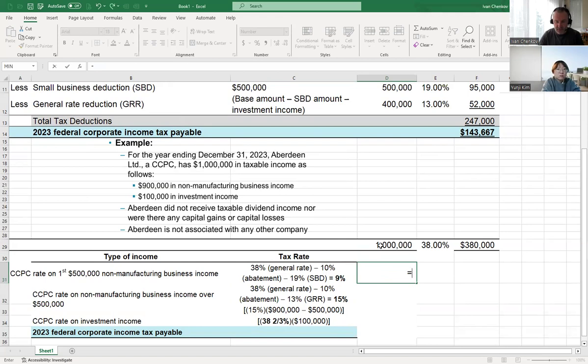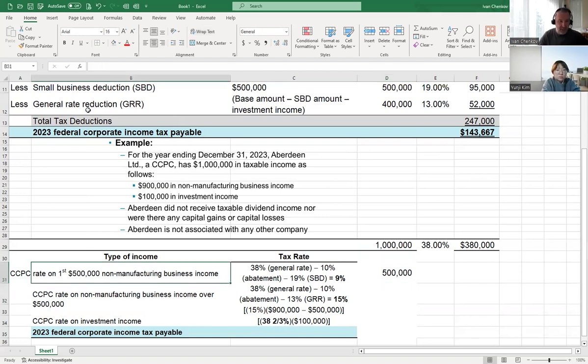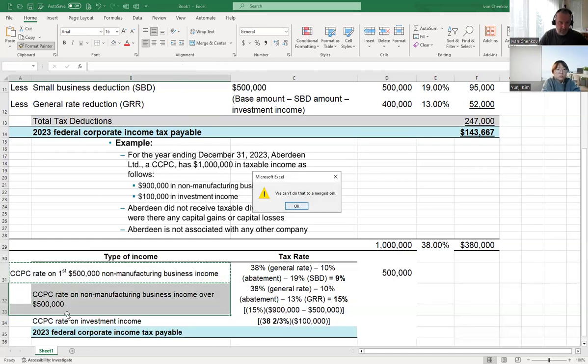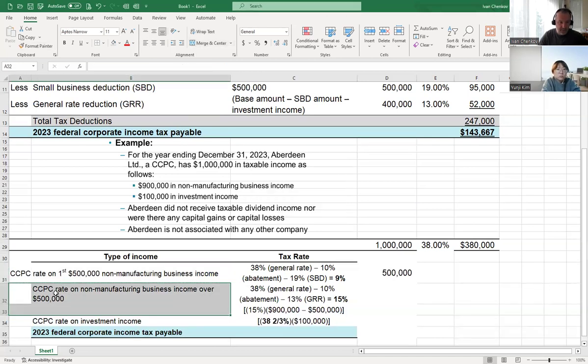So what we can do is, the small business deduction will always be 500,000, so we can leave this 500,000 like this. Then the next one, let's merge those first.